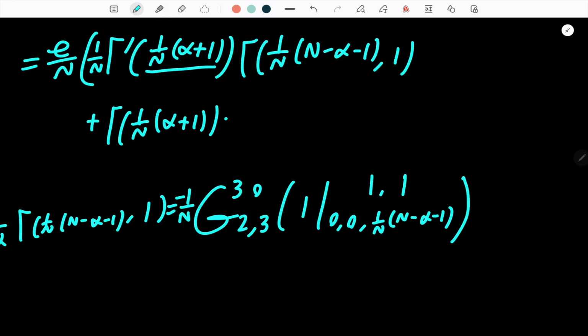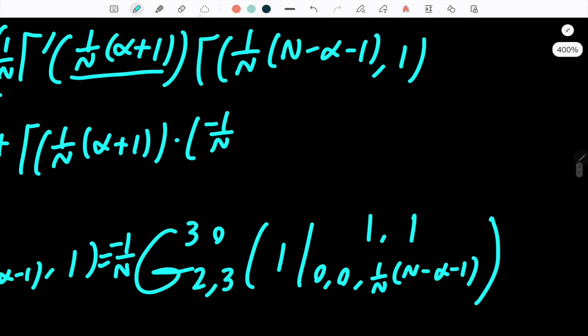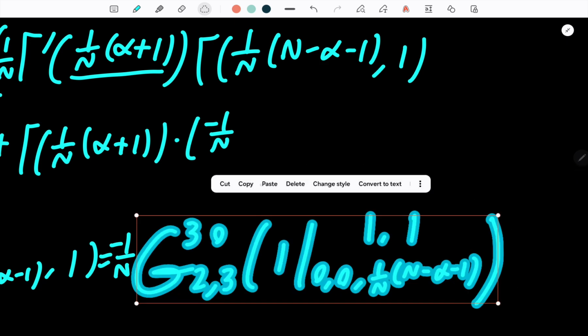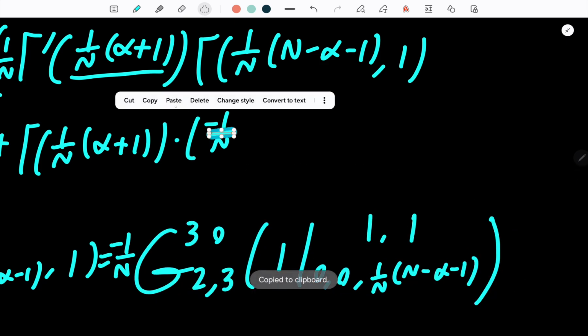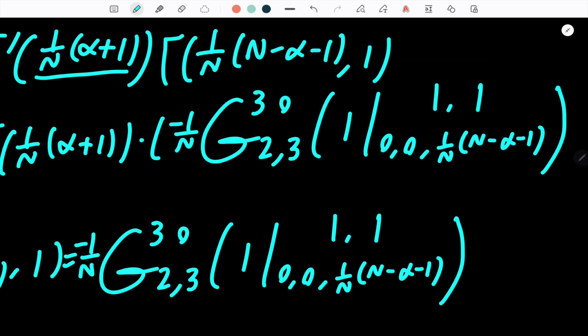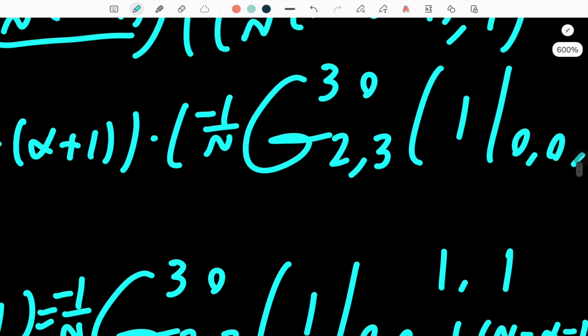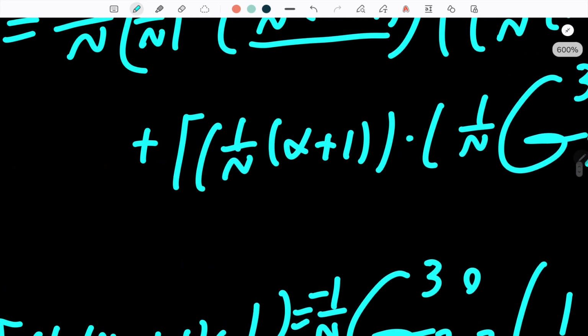Okay, so now we're going to have to multiply by negative 1 over n, and I will copy and paste the Meijer G function. And we can go ahead and take this negative 1 outside, so we'll have a negative there.